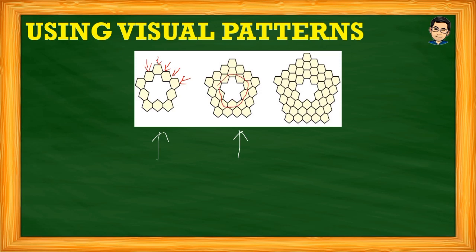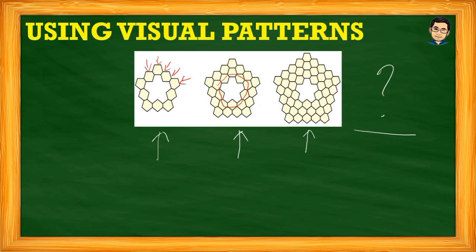Yung original na figure, ito siya. Yung dinagdag po, yung nasa kanyang gilid. And then, para makuha yung next na figure, dinagdagan ulit siya sa kanyang sides. Mapapansin niyo, palaki siya ng palaki. Is it possible for us to get the next figure, yung pattern? Yes.